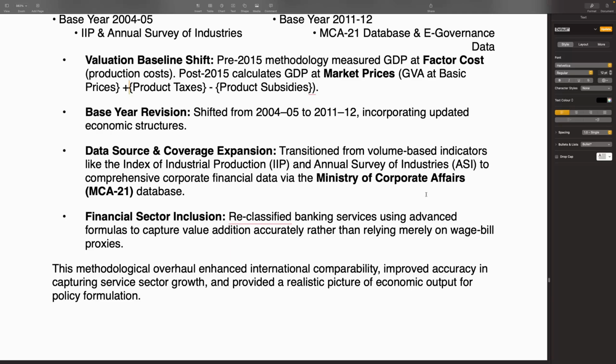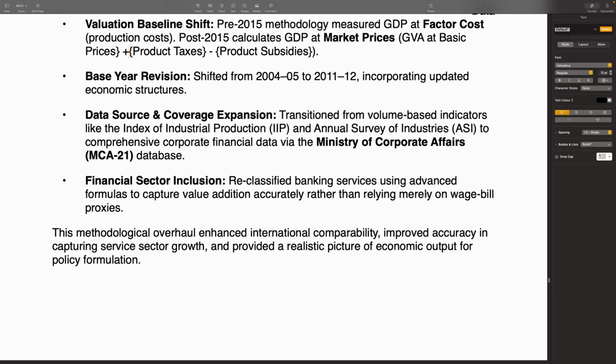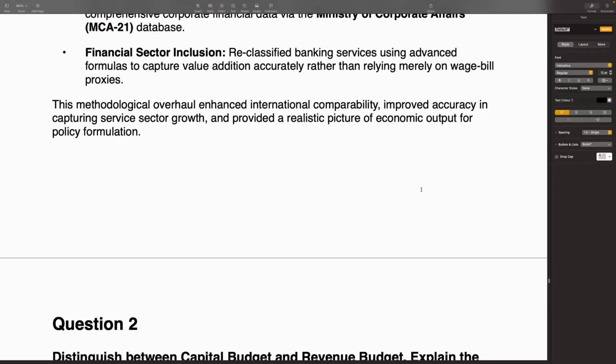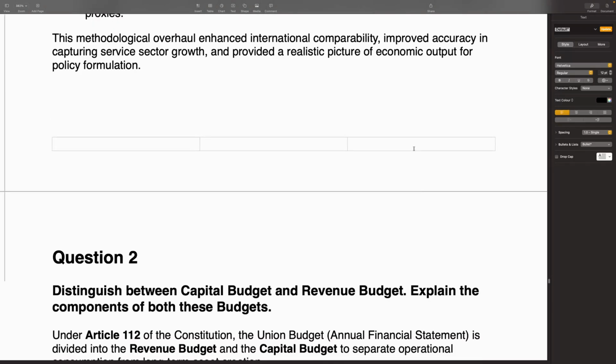Financial sector inclusion: reclassified banking services using advanced formulas to capture value addition accurately rather than relying merely on wage bill proxies. This methodological overhaul enhanced international comparability, improved accuracy in capturing service sector growth, and provided a realistic picture of economic output for policy formulation.